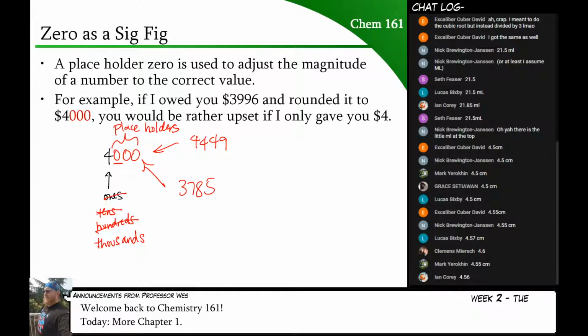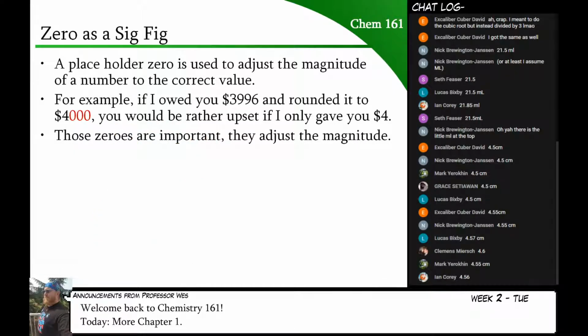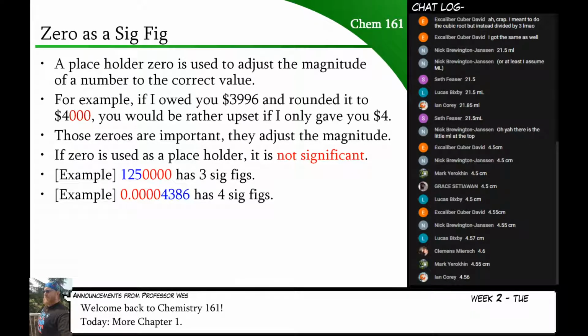And thus, this hundreds digit could be literally any number I want it to be. And so could the tens digit, and so could the ones digit. Since any number is possible based on that rounding, I would essentially be guessing randomly if I were to write down numbers. So we won't count placeholders as being significant. Placeholders are not significant figures. They are important because they adjust the magnitude, though, so we do still need to consider them.